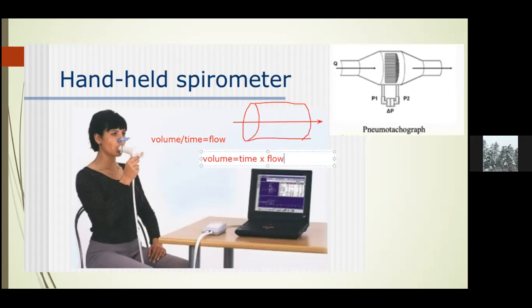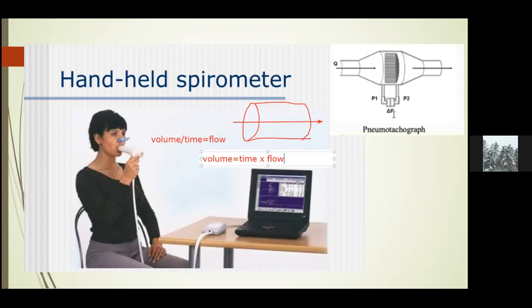So this is how the tachometer or the handheld device is able to capture the volume, because it looks at the rate at which air is moving through this device. Within this device, there are transducers which are able to capture the volume of air that has passed through them in a given period of time. Using this formula here, they can tell how much volume.